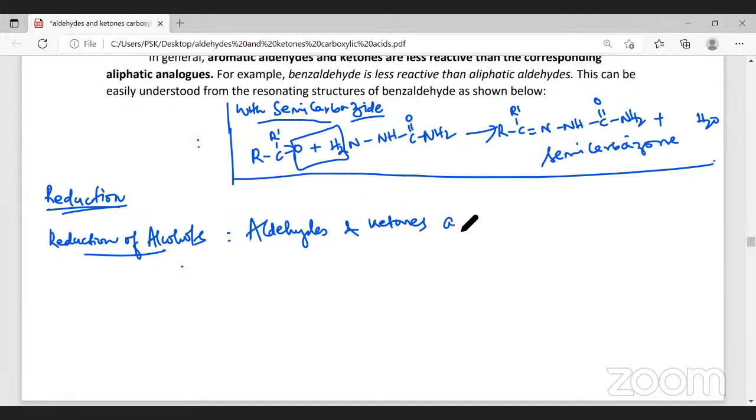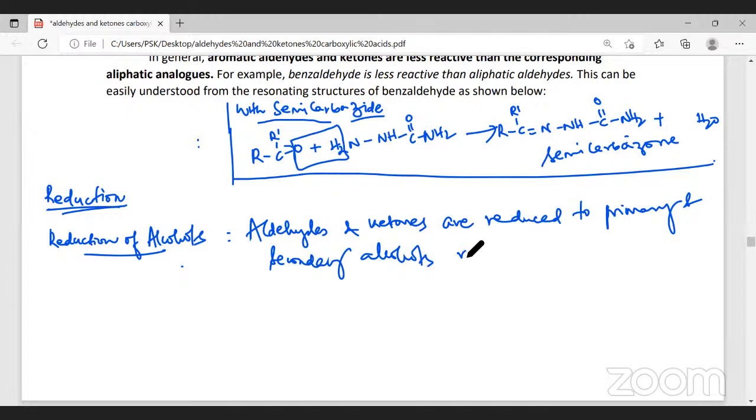Aldehydes and ketones are reduced to primary and secondary alcohols respectively. Reduction is addition of hydrogen or removal of oxygen.